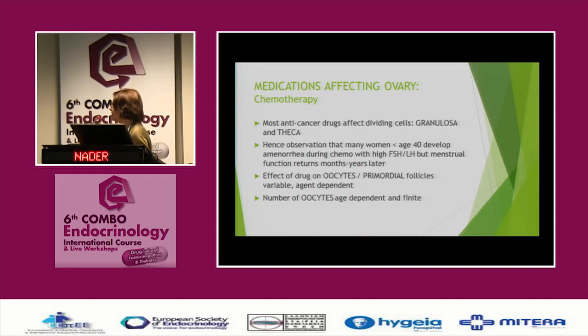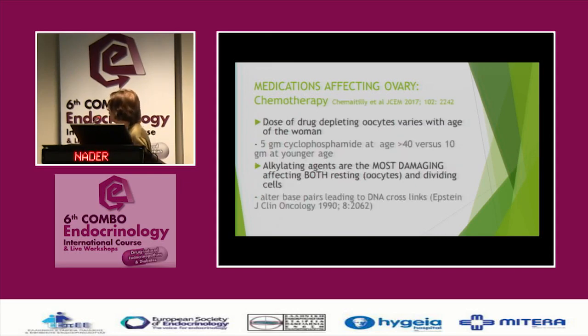And the effect of the drug on oocytes and the primordial follicles is variable and is agent dependent. And of course, it is age dependent because the older you are, the fewer oocytes you have anyway. So the dose of the drug depleting oocytes varies with the age of the woman.